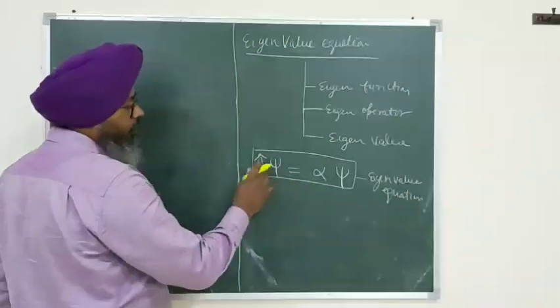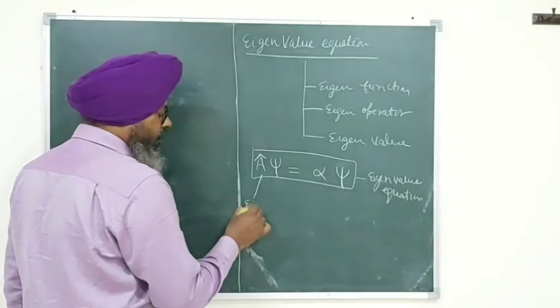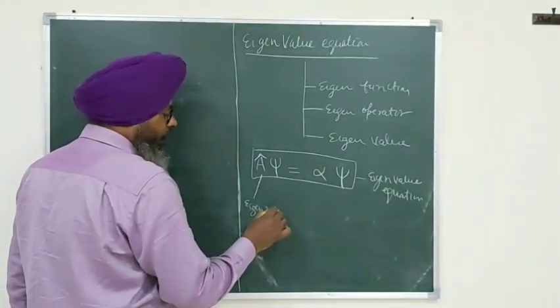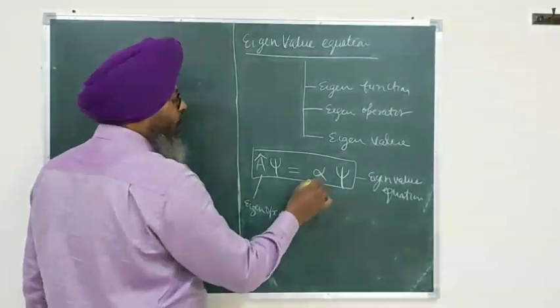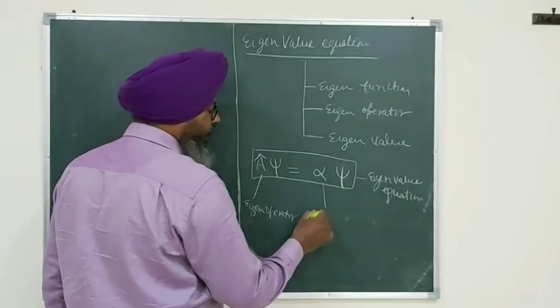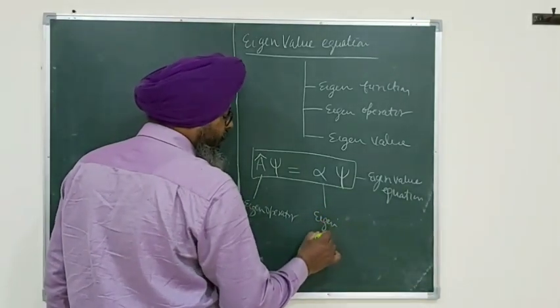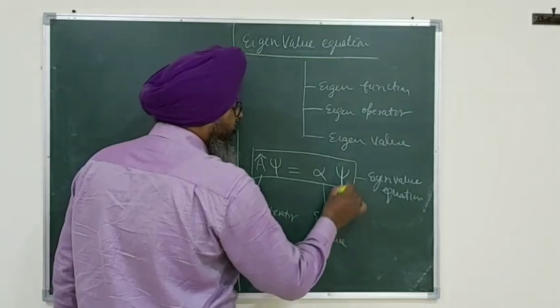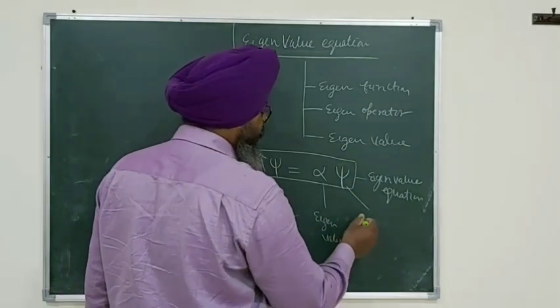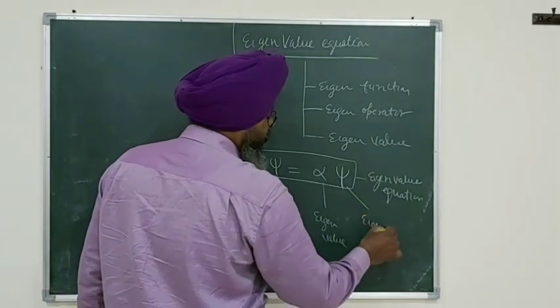The operator in this case is called the eigen operator. The constant that we obtain is called the eigen value, and the wave function that we obtain is called the eigen function.